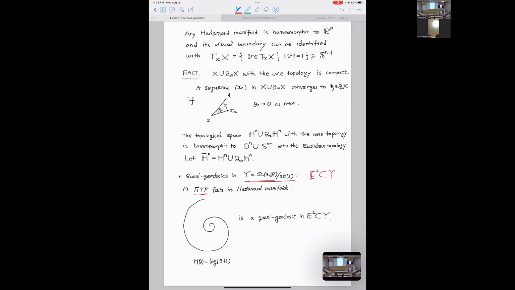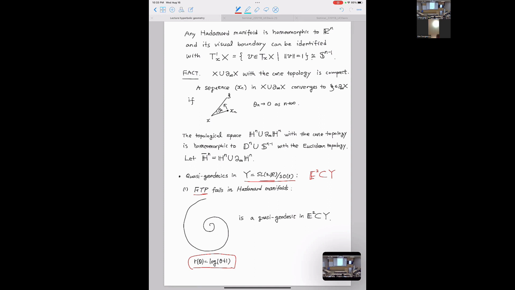Here is an example. In Euclidean space, you can define a spiral curve by this equation. You can prove that this curve is a quasi-geodesic in two-dimensional Euclidean space, but it does not satisfy the Fallot-Treiber property.